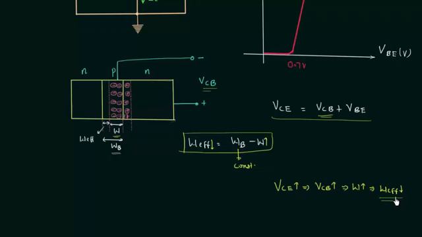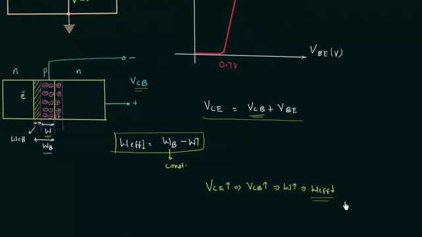And now we have to see the effect on input current. When W effective decreases, this means region where recombination takes place decreases, and because of this recombination will decrease. The electrons emitted from emitter will not recombine with the holes in base region, and this will reduce the base current IB, and the base current IB is the input current, right?